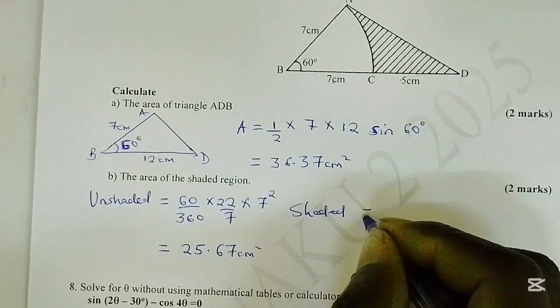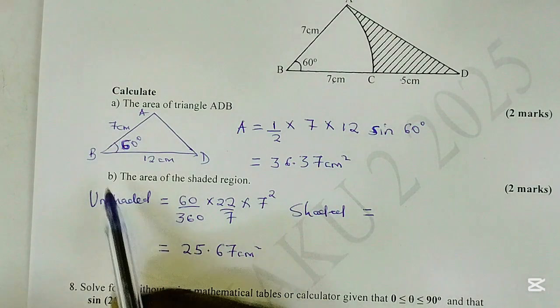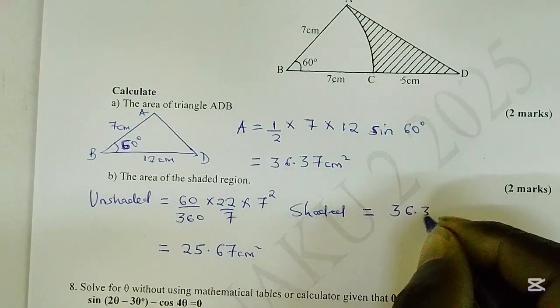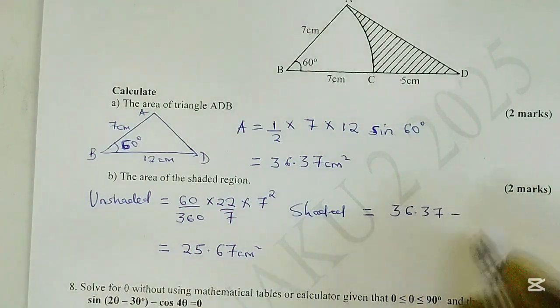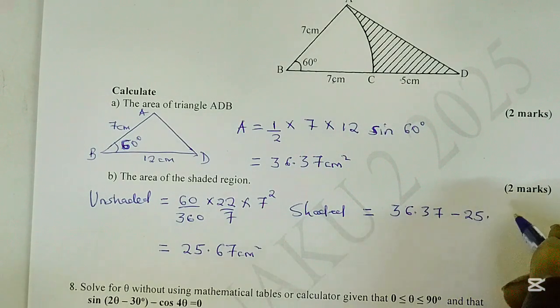So what about now the shaded region? For the shaded region, we are going to take the area of the whole triangle, which is 36.37, subtract the area of the unshaded region, which is 25.67.